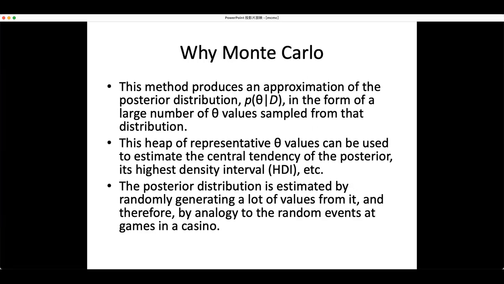So we call this algorithm MCMC, right? So what is MCMC? The first MC stands for Monte Carlo. Did I explain the meaning of Monte Carlo to you guys?